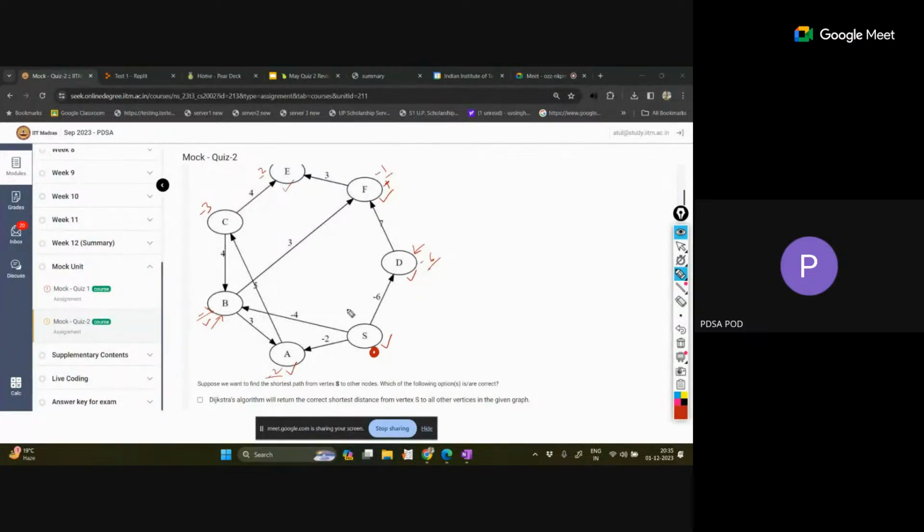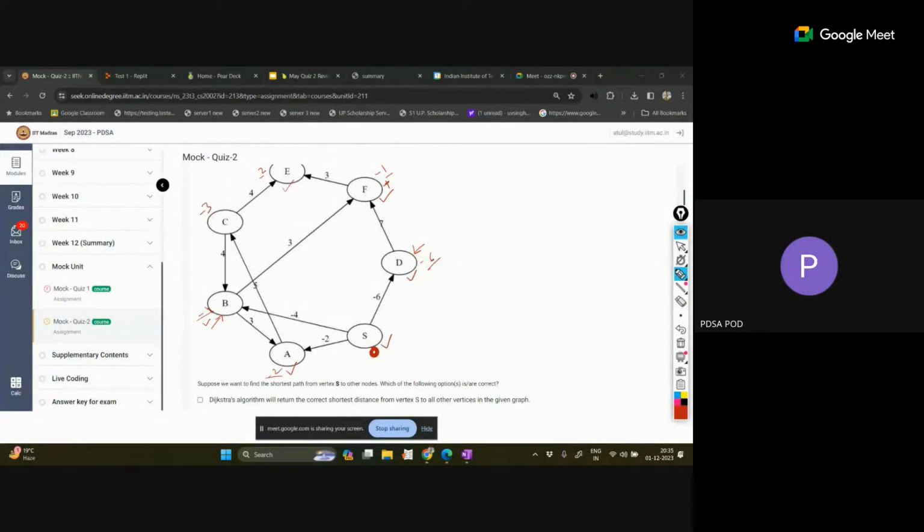If negative weight edges are leaving a vertex which is not visited and going to a visited vertex, then it will create a problem, otherwise not. Here in this case, all the negative weight edges are leaving an unvisited vertex and also going to an unvisited vertex.